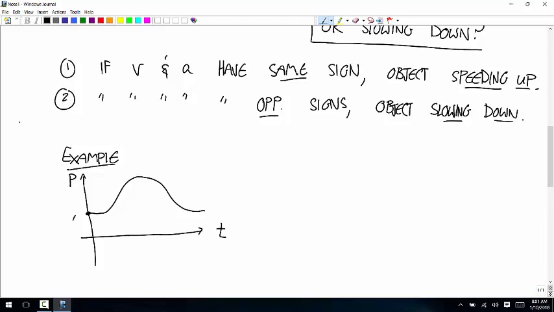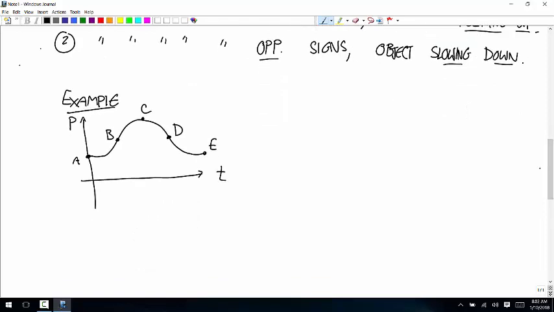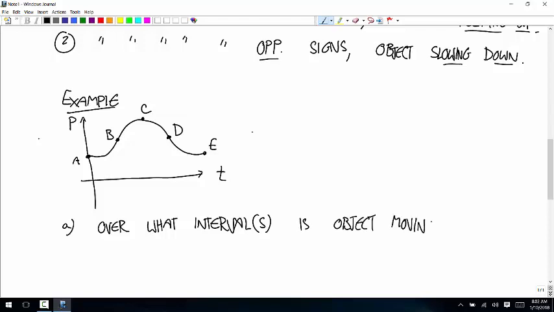And I'm going to call these points A, B, C, D, E. So first, over what interval or intervals is the object moving in the positive direction?